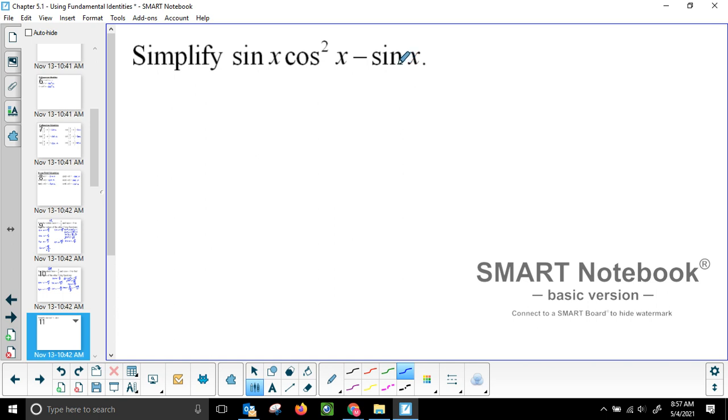There's a sine x in both terms. That's a common factor, which means I can go ahead and factor that out. If I do, I'm left with cosine squared x, and then here I took everything out, so that just becomes a -1 for the placeholder.